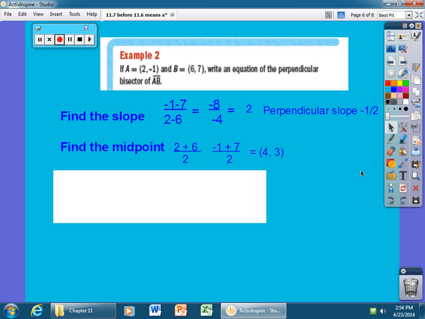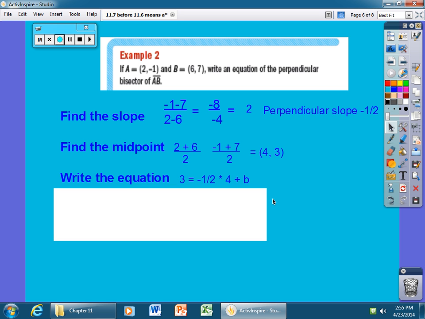Now we're going to have to go back to our algebra skills, which some of us might have forgotten. This is my slope, this is m, this is an x, and this is a y. If you think about slope-intercept form, it's y equals mx plus b.